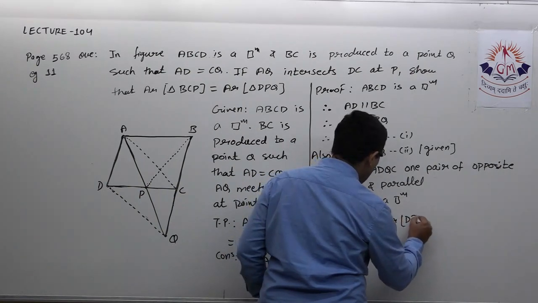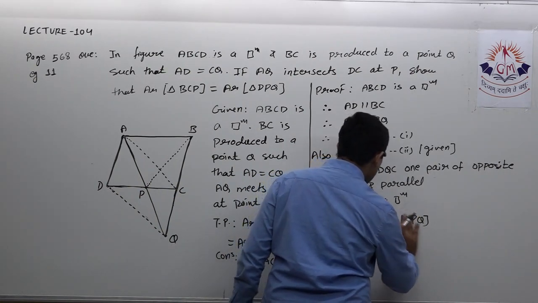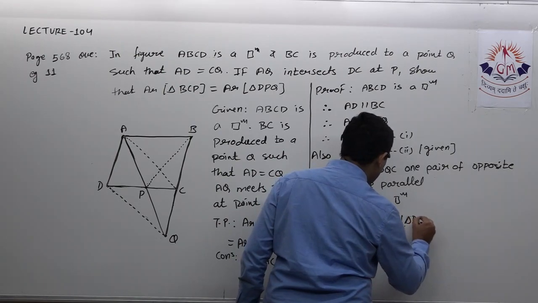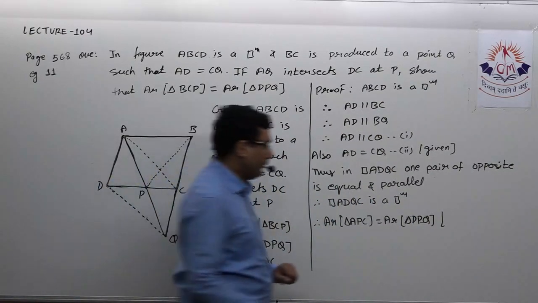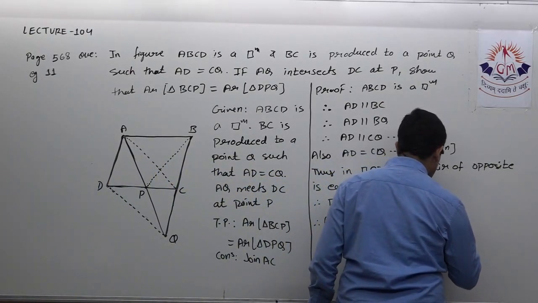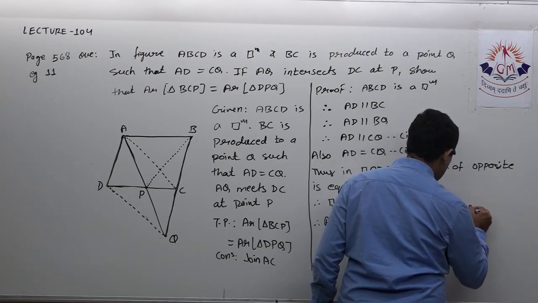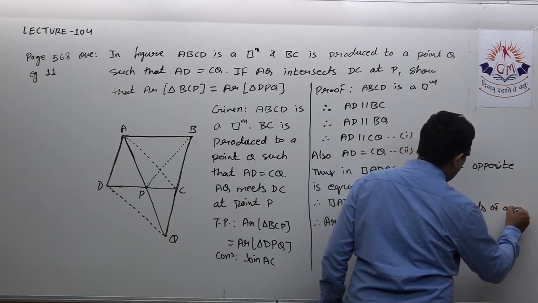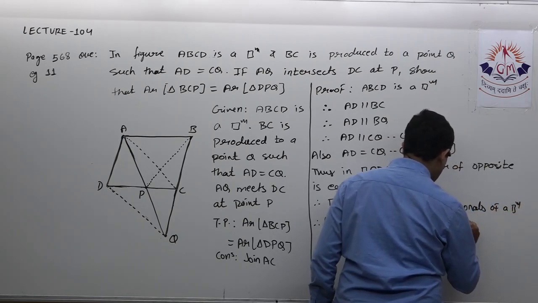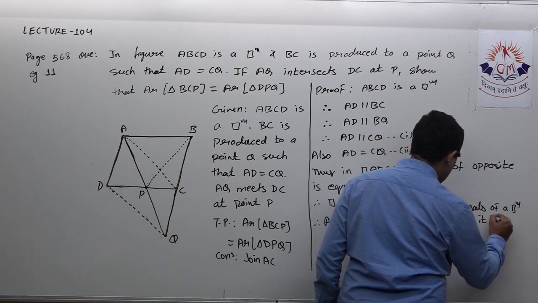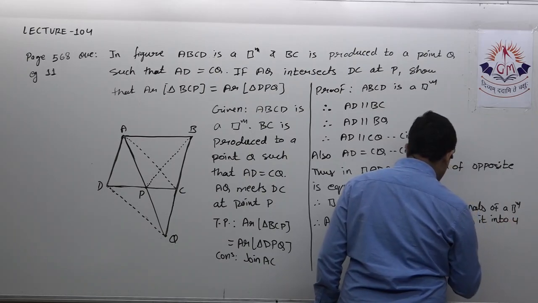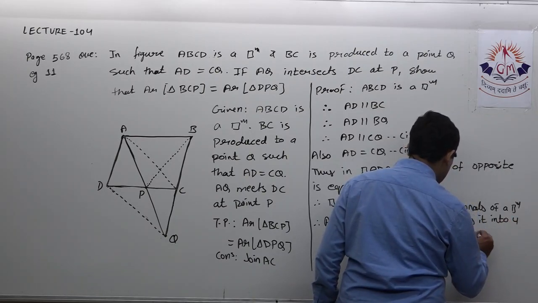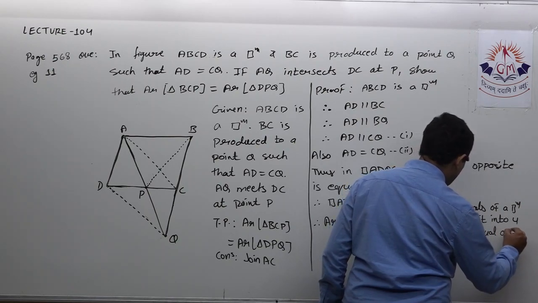The reason is that diagonals of a parallelogram divide it into four triangles of equal area.